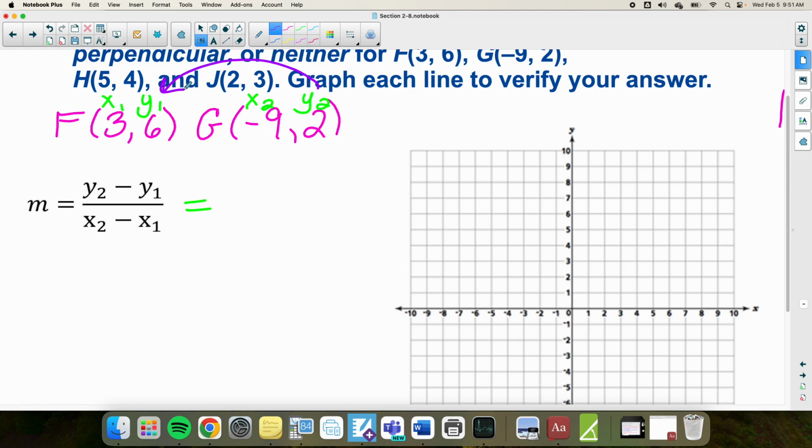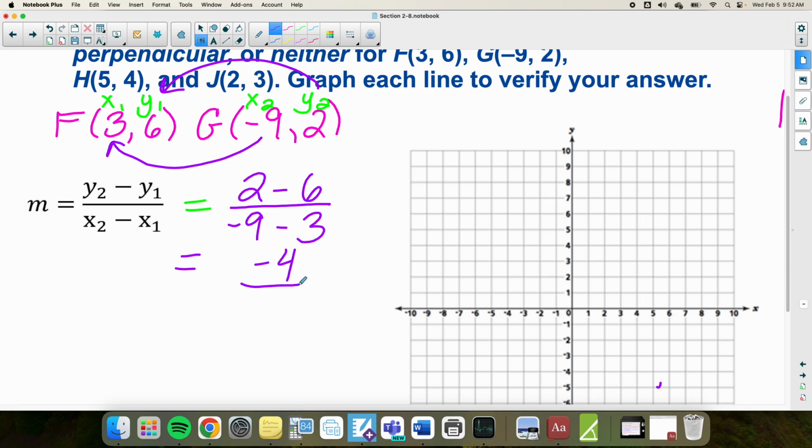So I'm going to go 2 minus 6 over negative 9 minus 3. Okay? And one thing you have to be careful of when you do this is to include that minus sign. Sometimes kids will forget that. So 2 minus 6 is negative 4.